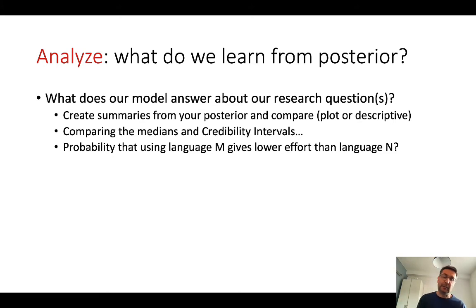So you will be comparing medians, looking at credibility intervals, and plotting distributions to see what the key factors are and whether they give large effects or not. Then, as Richard mentioned, you can calculate probabilities and compare different languages or situations in the data he considered, for example.